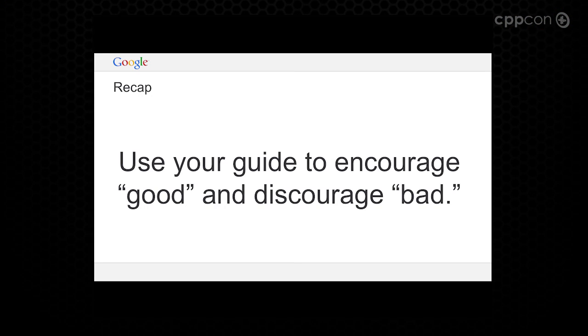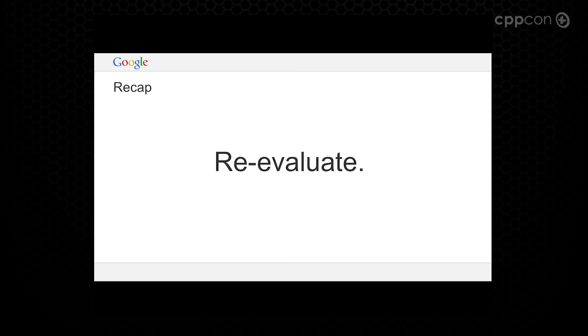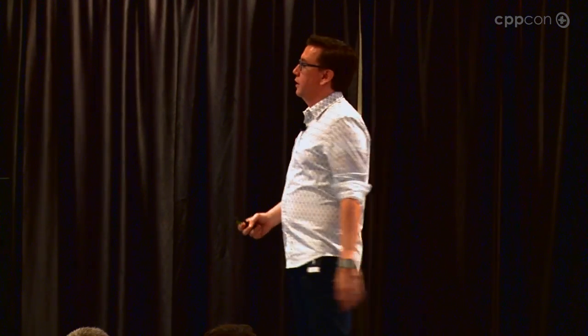Use your style guide to encourage good and discourage bad. Don't just make up rules. Think about why. And periodically reevaluate. We are totally nixing the streams thing. We are reevaluating. C++11 was not instant for us to adopt, but actually fairly quick, I think.